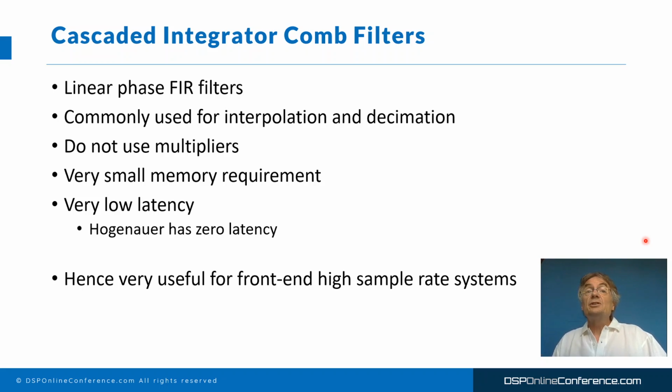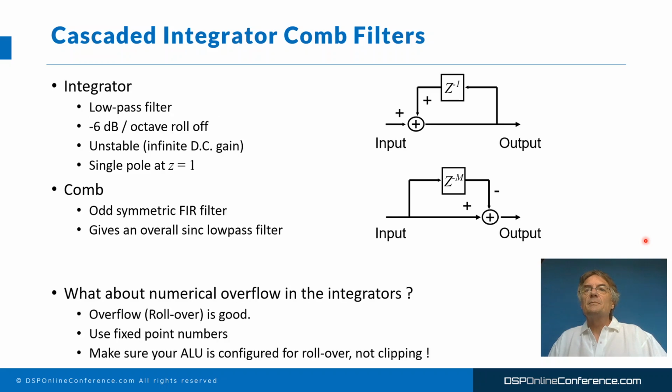And the key features are they do not use multipliers. Multipliers are very expensive in terms of transistors, power consumption, and so on. They have a very small memory requirement, and they have very low latency as well, which is good in real-time applications. Hence, cascaded integrated comb filters are very commonly used in these high sample rate systems.